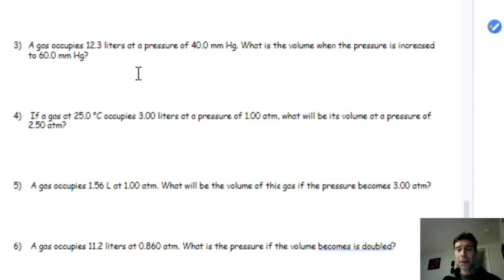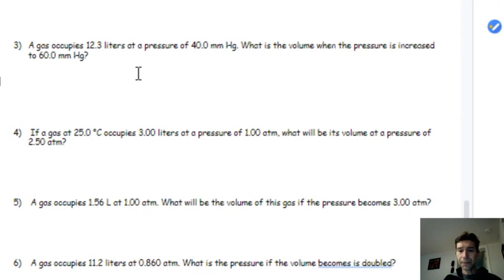These all involve the same sort of equation, and that is pressure times volume is equal to pressure times volume. If there's a change in pressure, there will be an inverse change in volume. And so really it's just a matter of sticking numbers into that equation, PV equals PV.